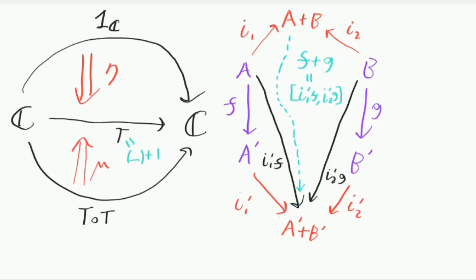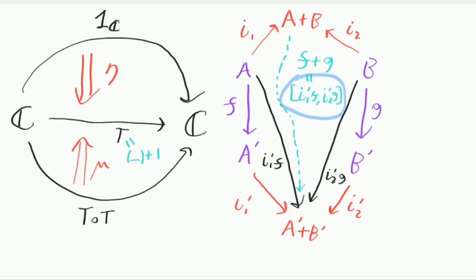And this diagram shows how to do it. If we compose f and this injection here, we get this black arrow, I1 dash after f. Similarly, here we get I2 dash after g. And then if we just take the co-pairing of those two things, that gives us an arrow from A plus B to A dash plus B dash, and that's what we call f plus g.